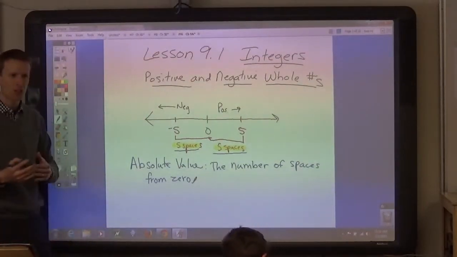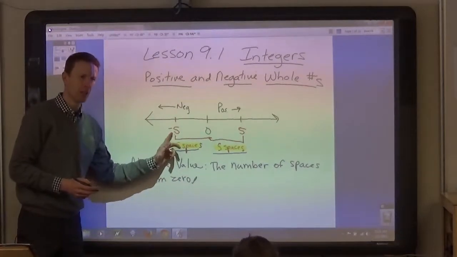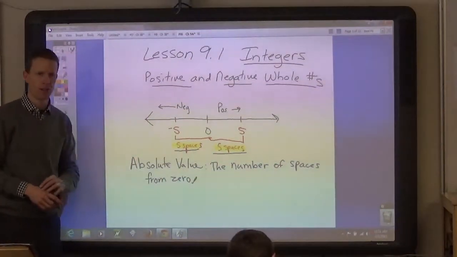Or, in math terms, it's the distance a number is from 0 on a number line.